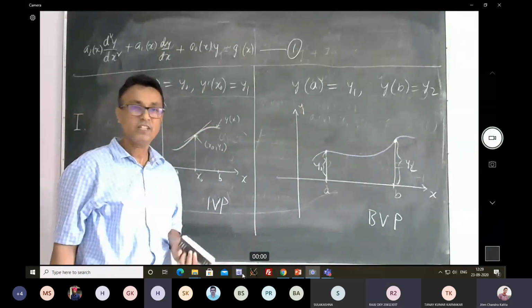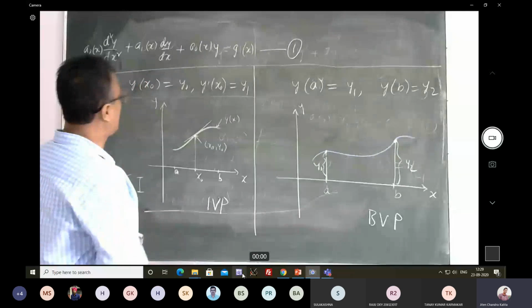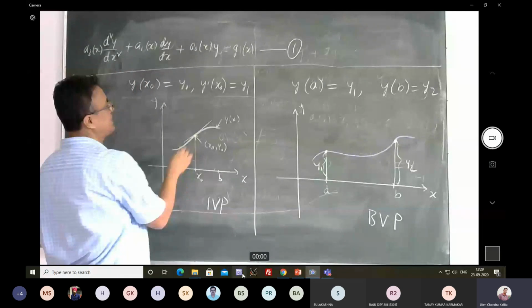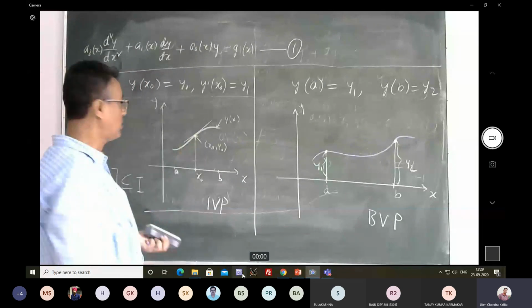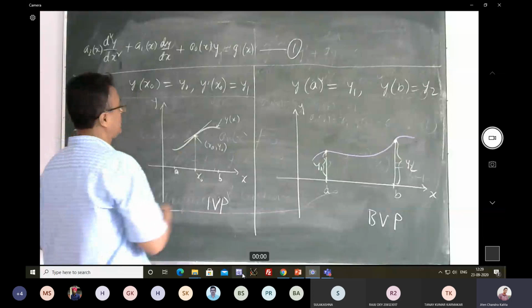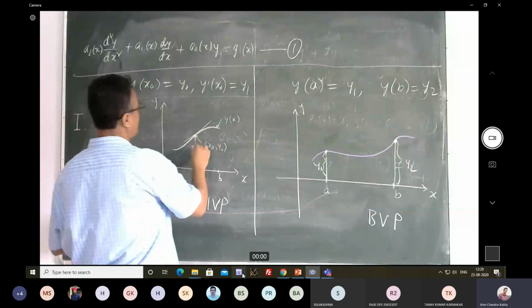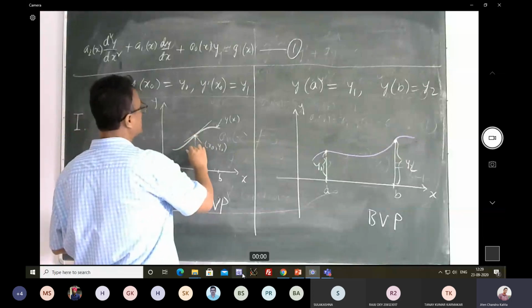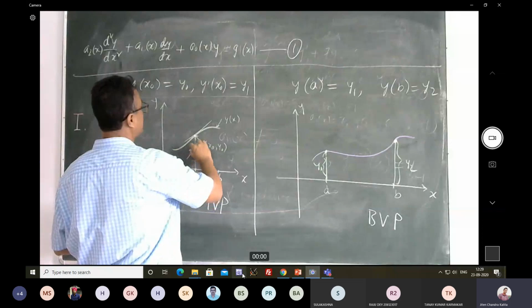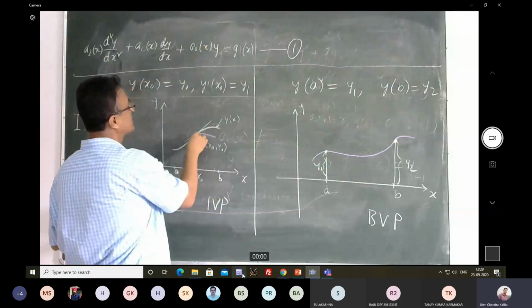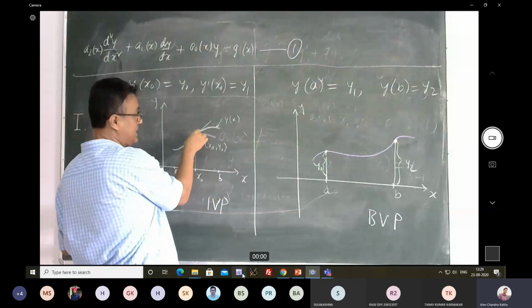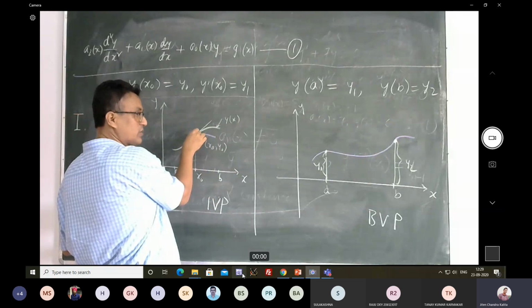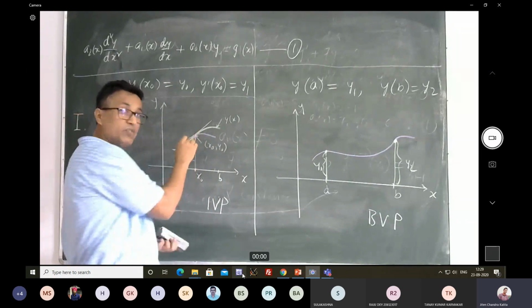It is not necessary that you are going to have a unique solution for both of them. You may have another curve passing through this, only with the condition that the tangents at the point are going to coincide, so the slope of the tangent gives you the same value.